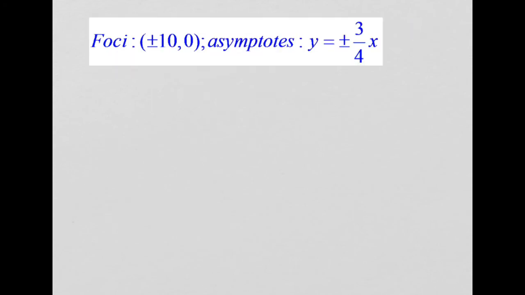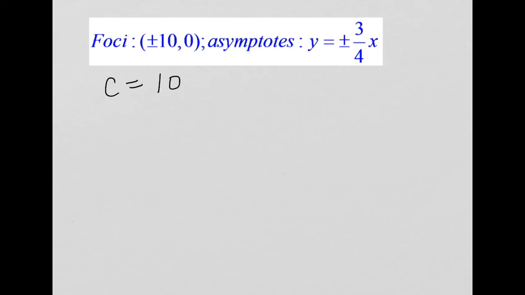We're going to find the standard form of an equation for a hyperbola with a little bit different information, with the foci and asymptotes. Well, we know if we have a foci, we know that C equals 10.